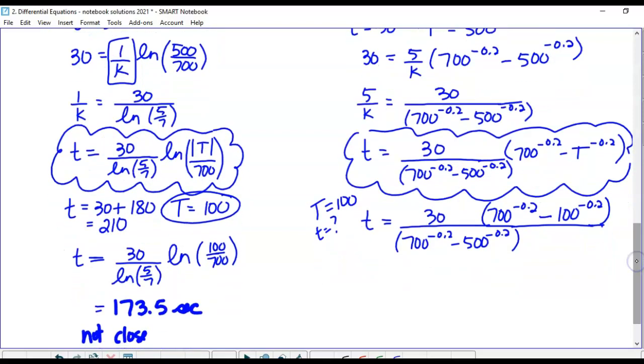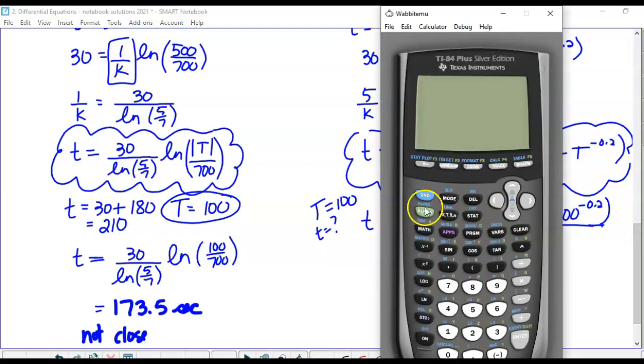Okay, so let's get our calculator out. All right, so you might want to use the fraction form if you have it. Clear that. Alpha y equals, okay, so 30 bracket 700 to the exponent negative 0.2.